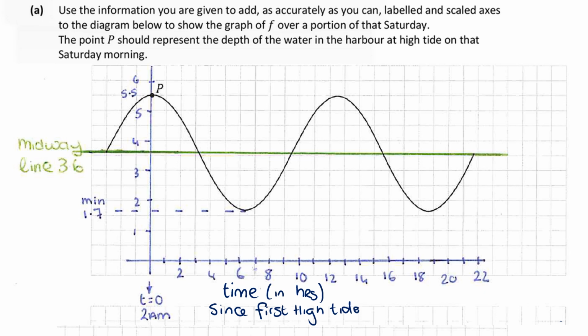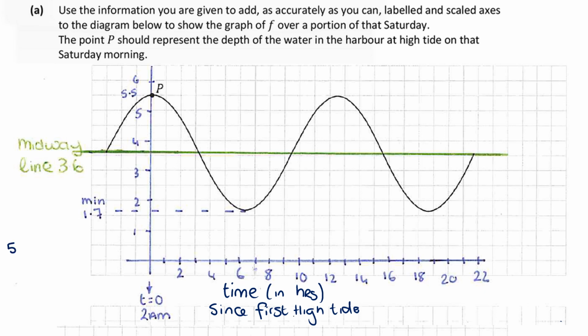Now, how do we know where to put the midway line? It's not just as simple as eyeballing it and thinking, yeah, that looks about right. The midway line, based on its name, is midway between the highest point and the lowest point. So we have a high point of 5.5 and a low point of 1.7.